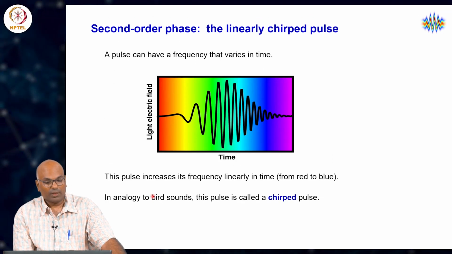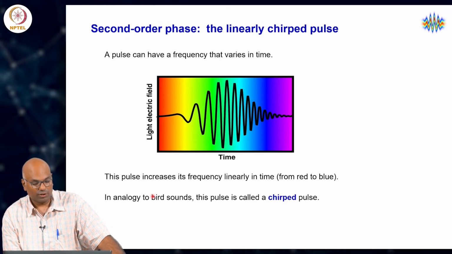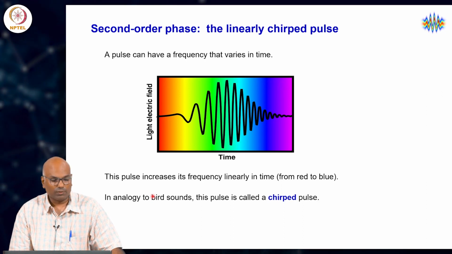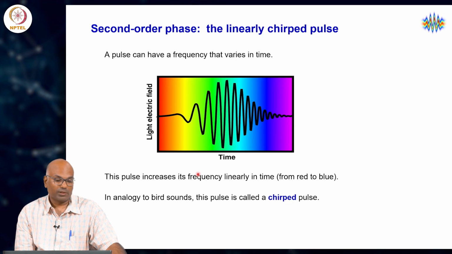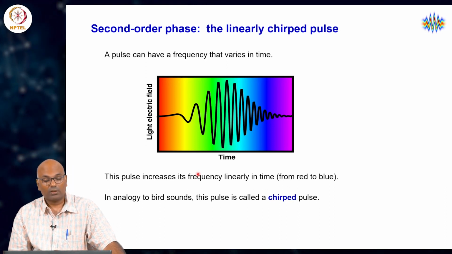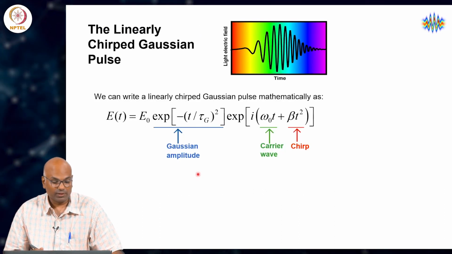So, we looked at the phenomenon of linear chirp, which arises out of second order phase terms, the second order term in the spectral phase.